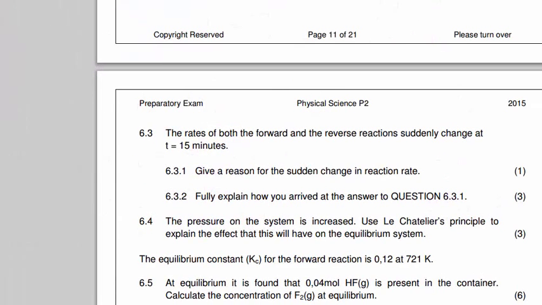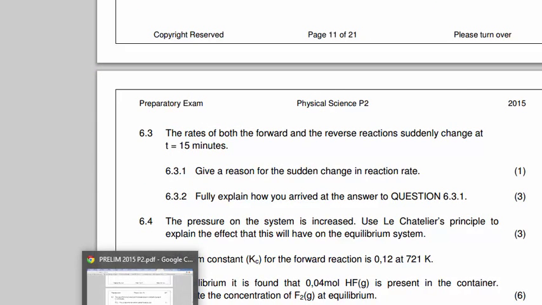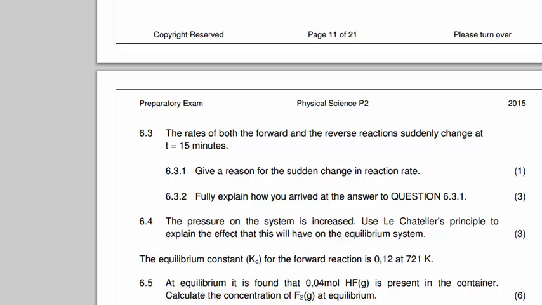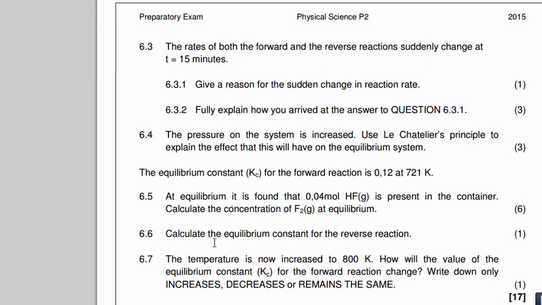Okay, sorry guys, this is stretching. I just want to do, calculate the equilibrium constant for the reverse reaction. Wouldn't it be equal? No, because what's different if I look at it from reverse?